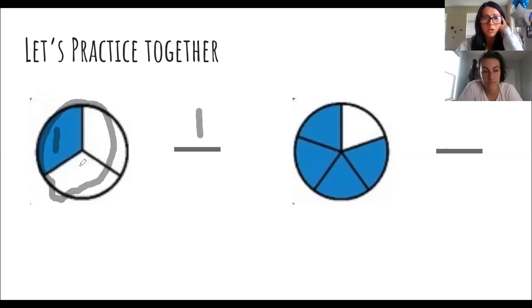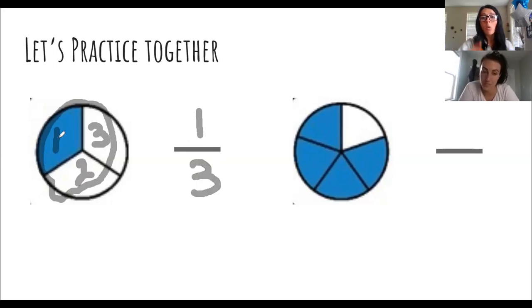So I know there's one blue piece, this is the second piece, and this is the third piece. So I must have 3 pieces all together. So my fraction is 1 out of 3 equal parts. Let's all say it. 1 out of 3 equal parts.